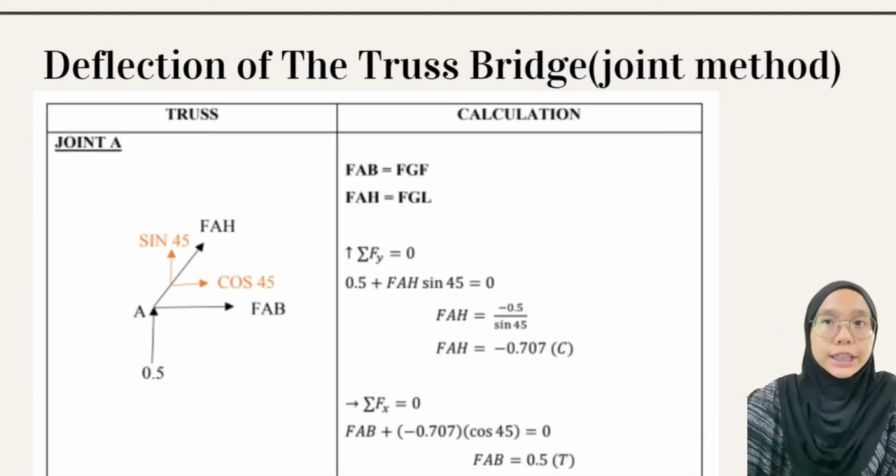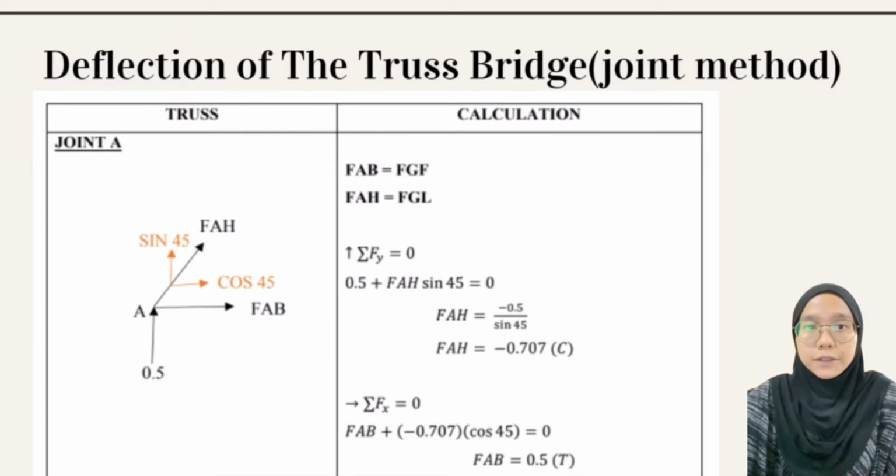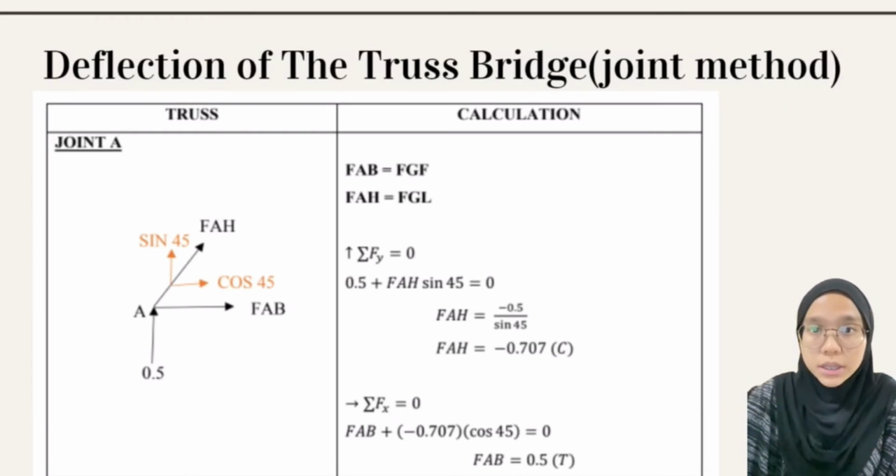And next, we have to find the deflection of the truss bridge, for which we have used the joint method. First, we have to find every joint in the bridge, which is joint A, joint B, and many more.